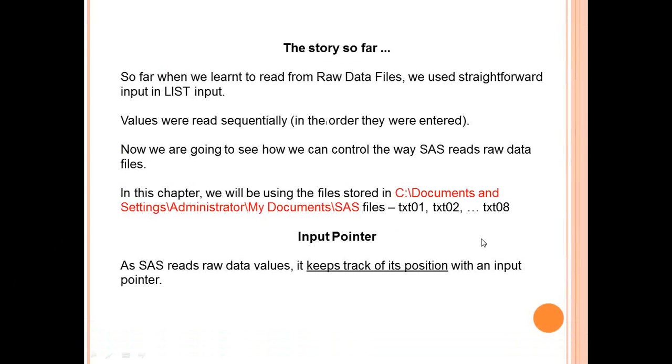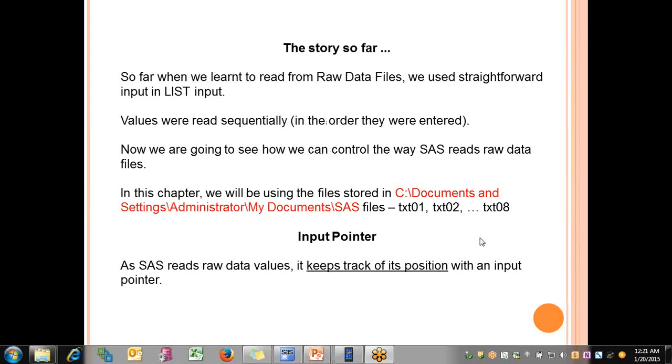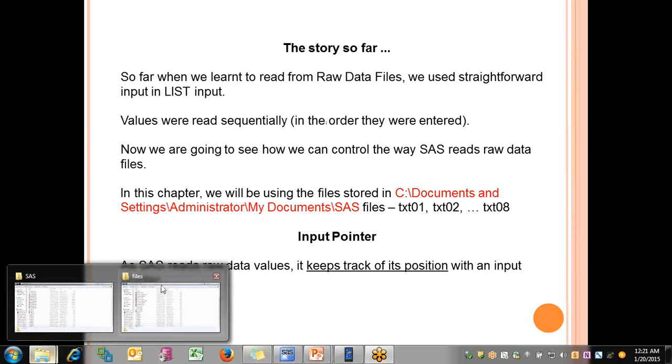That's good. Okay, now let's see what an input pointer is. As SAS reads raw data values, it keeps track of its position with an input pointer, right? Let me open one of the text files.